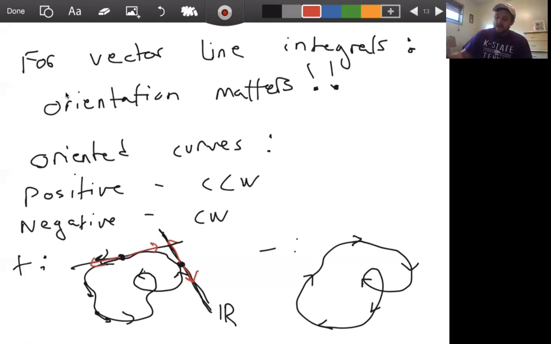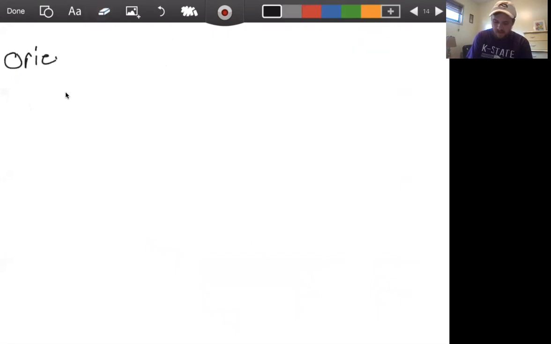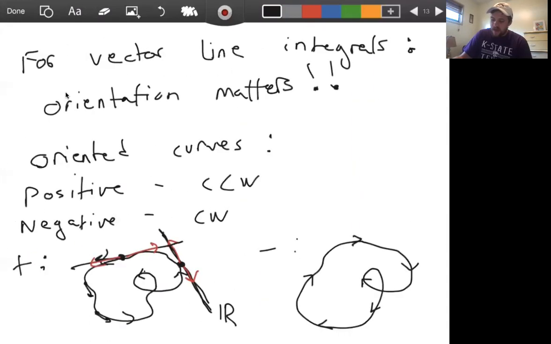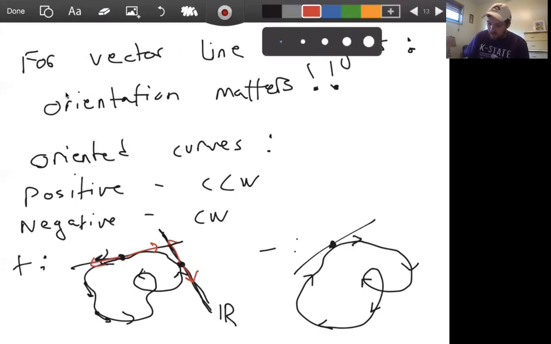And here, we can orient surfaces as well. So let's look at the orientation of a surface. Now, if we think about a sphere, maybe, and I said that to choose orientation, what you do is you look at the tangent space at a point, and then you're tasked with making a choice.